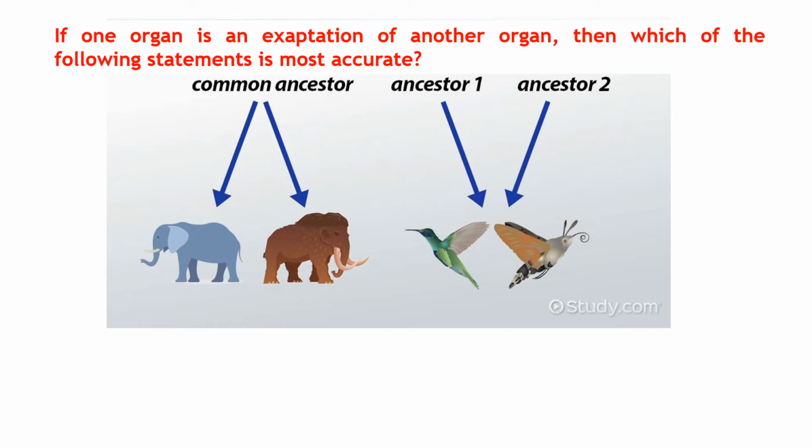Okay, so now, if you remember the question, if one organ is an exaptation of another organ, so that it was modified, that it appeared with one purpose and now it changed to have another purpose, then which of the following statements is more accurate? So here we have an example of divergent evolution, and here an example of convergent evolution.